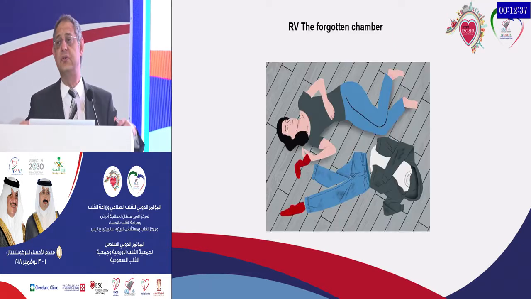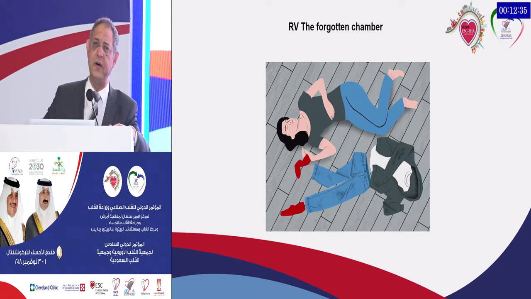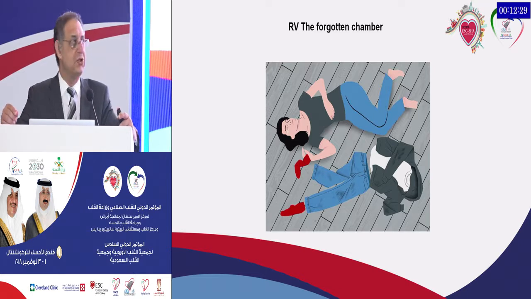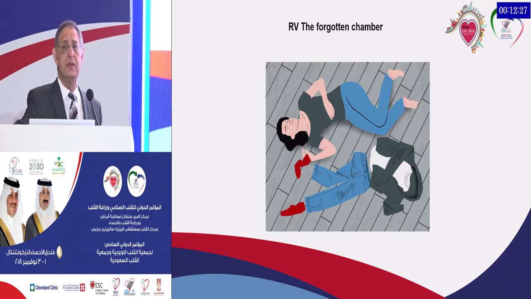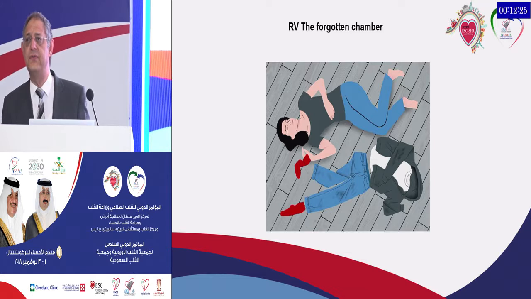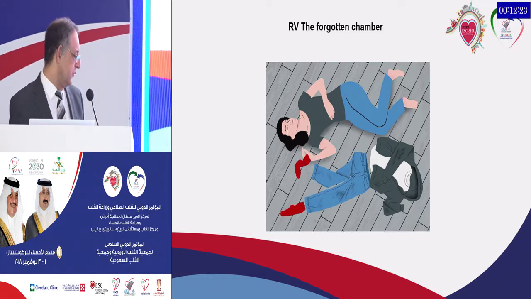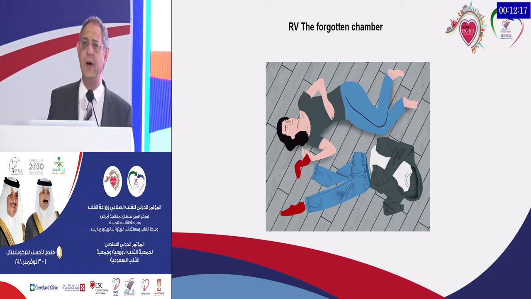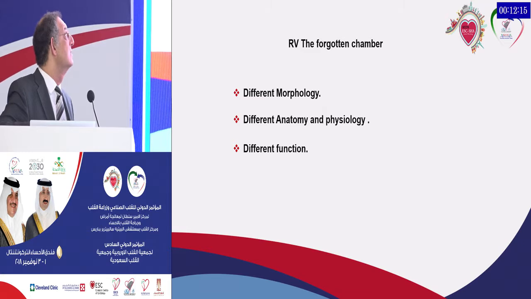But if you want to read about the RV function in any textbook of echocardiography, you will find only a few pages. So they call the RV the forgotten chamber. Little is talked about it. But why is it called like this?